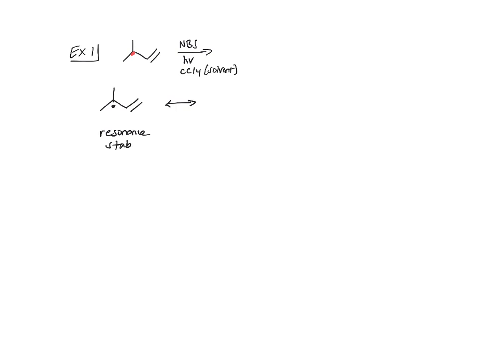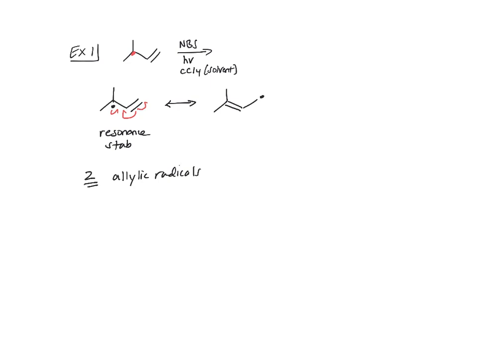So we'll go ahead and we'll split this pi bond homolytically. One electron will go to the terminal carbon, and one electron will join up with the radical and form a new double bond. So there's my structure. My new double bond is right there on the internal part, and my radical's out at the end. So I have two allylic radicals here.